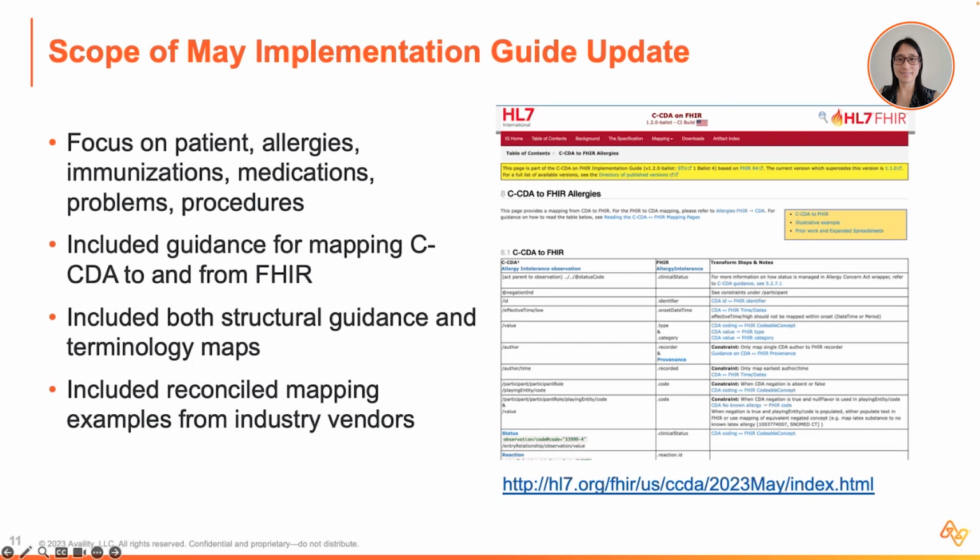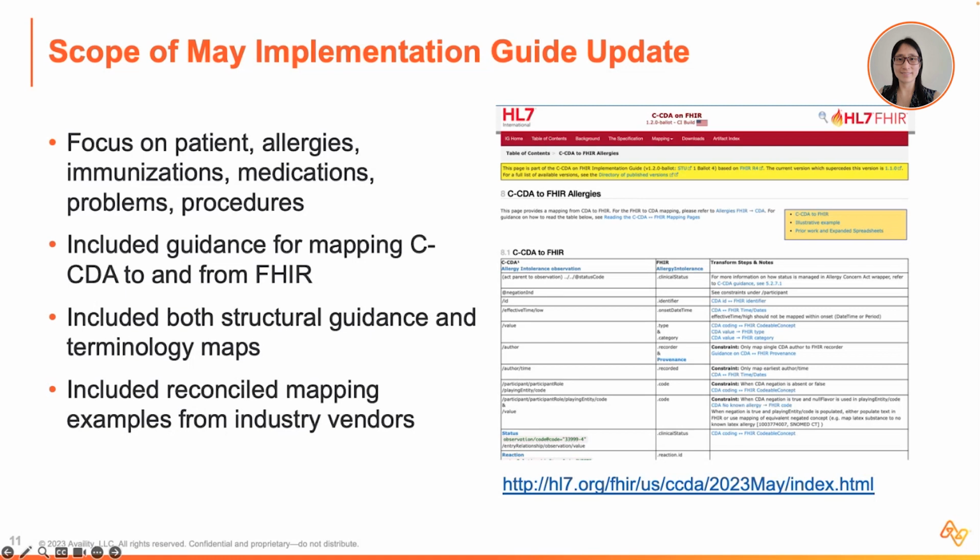It is actually an update to a prior guidance called C-CDA on FHIR. Before our version, the focus there had been on mapping the different C-CDA document types to the FHIR documents. So it's at a much higher level than our mapping, which is at a much more granular level on the data elements and data attributes themselves.